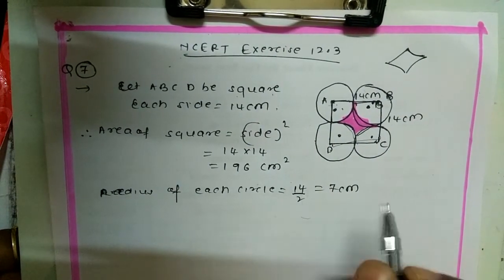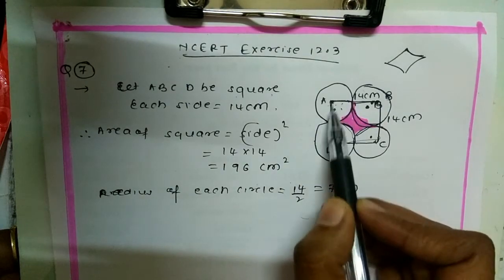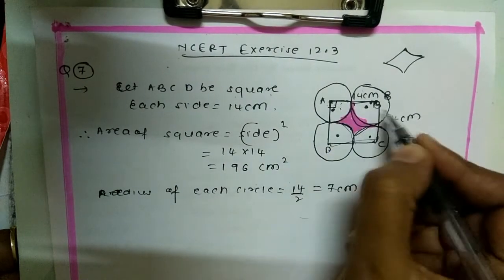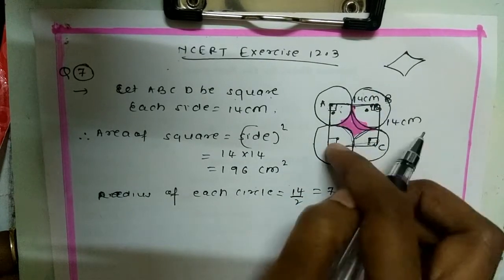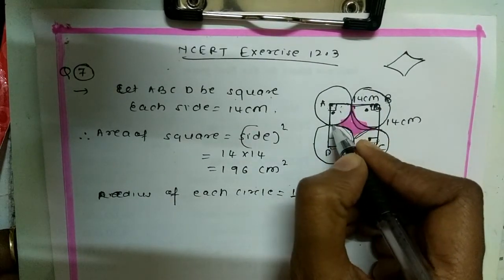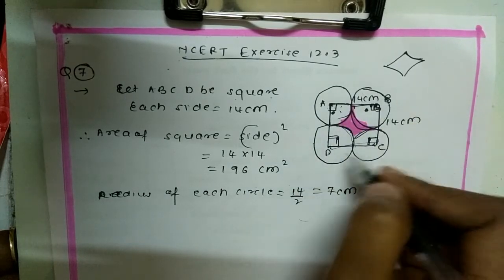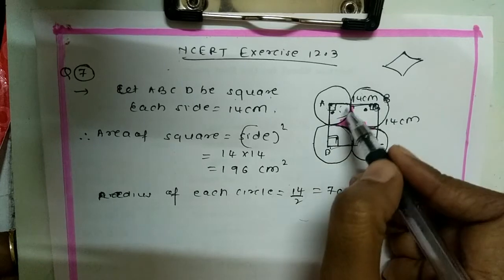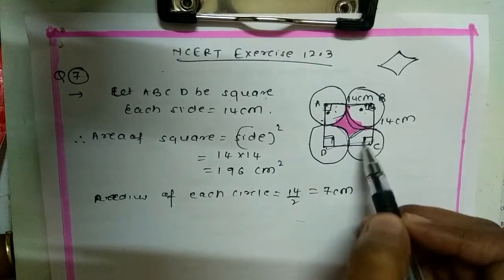And this is a quadrant, isn't it? Why? Because here there is an angle of 90 degrees as it is a square. So we have 4 quadrants. Quadrant means one fourth part of a circle. All have the same radius, so they will have the same area. If you find the area of one quadrant, you can find out the area of the rest.